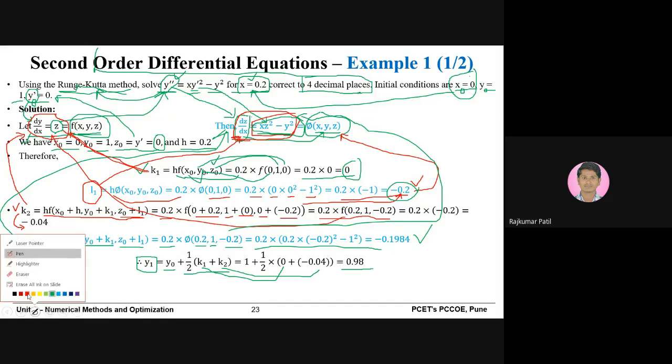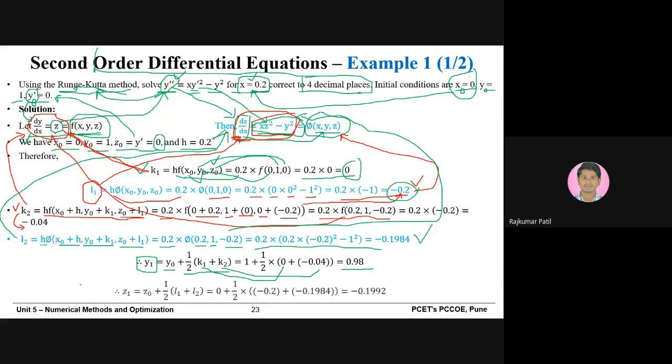Similarly, you can find out z1 as z naught plus 1 by 2 (L1 plus L2).